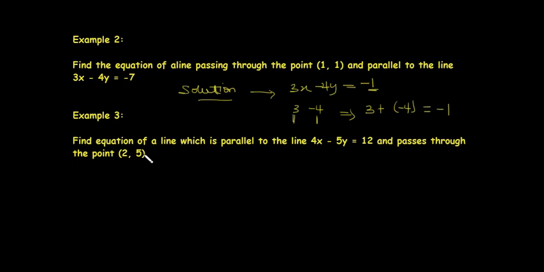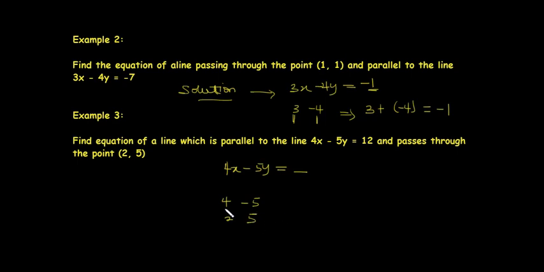Let's come back to example 3. So we know 4x minus 5y will be maintained, but it should be equal to something we are yet to find. So we pull out the coefficients. We have 4, minus 5, then with the point (2, 5).